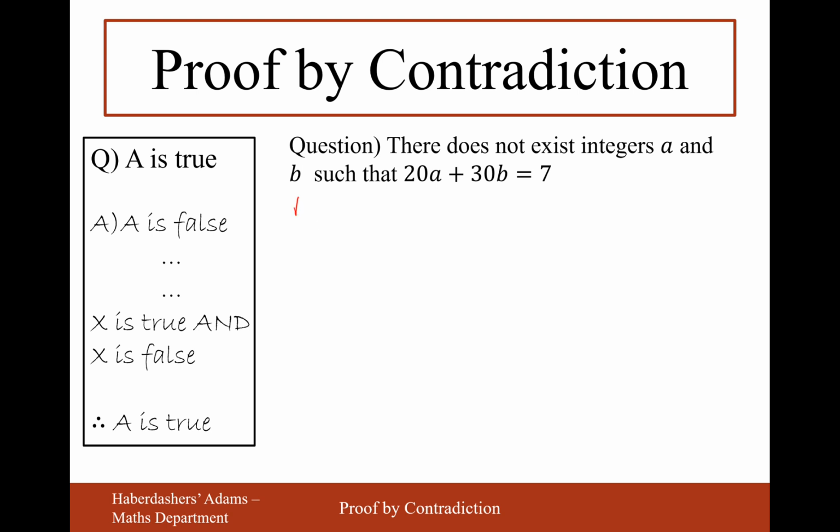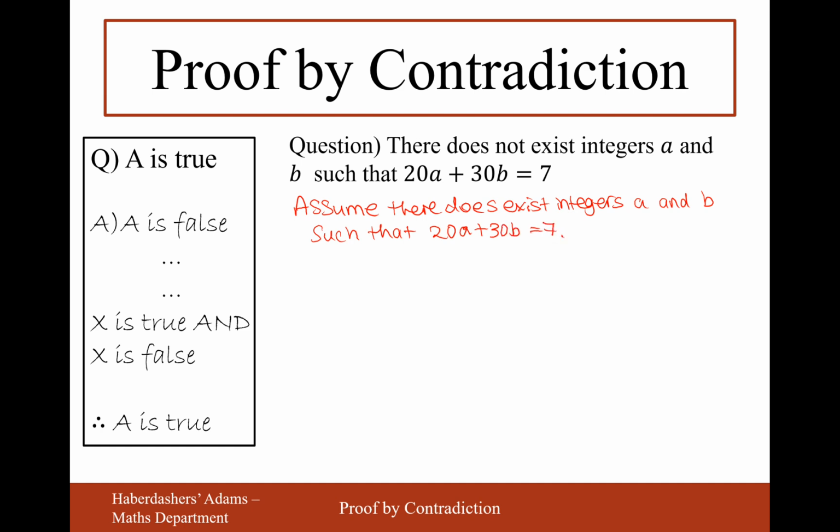We start with the opposite of this statement, so assume the converse, so assume there does exist integers a and b such that 20a plus 30b equals 7.